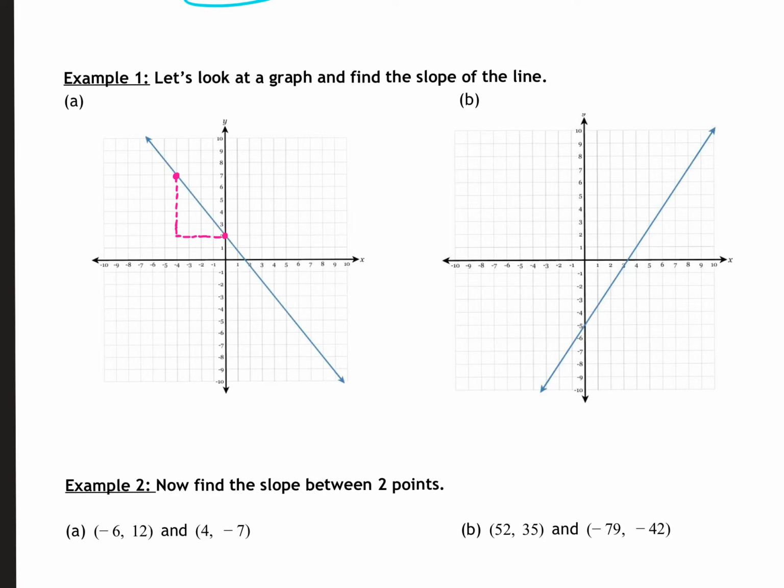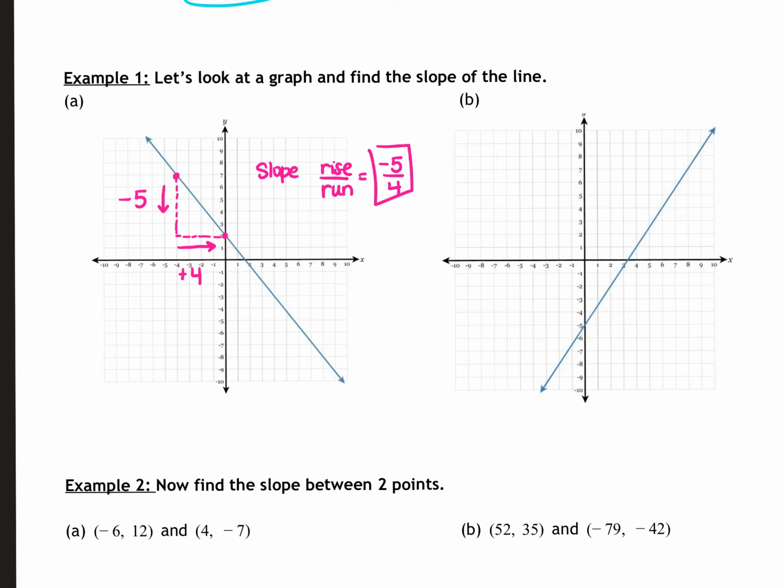But our slope is how much we go up or down, and then how much we go right or left. So we go down 5, so we have a downward movement of 5, and then we go right 4, so we have a forward movement of 4, and our slope is just our rise over run. So in this case, we went down 5 over right 4, and that's our slope.